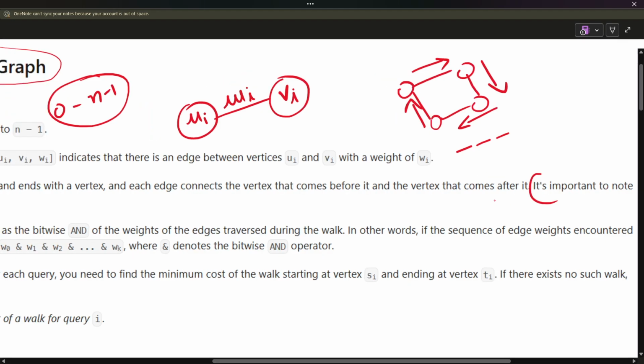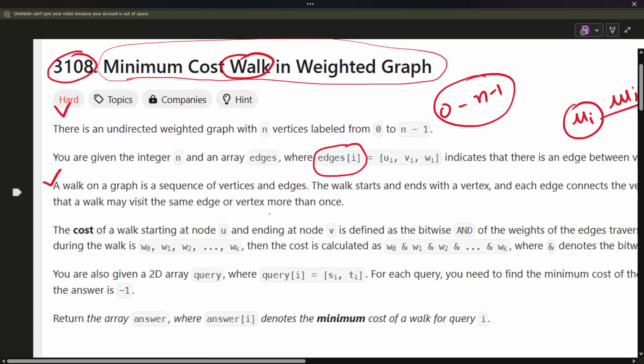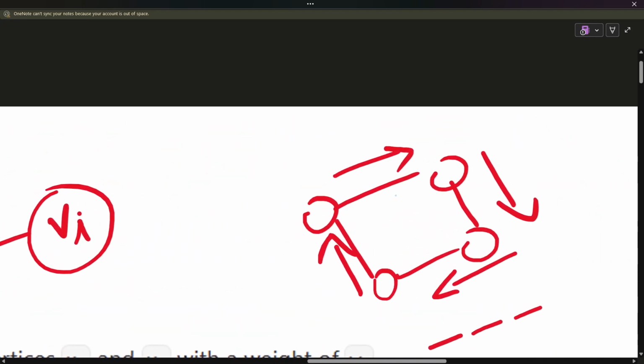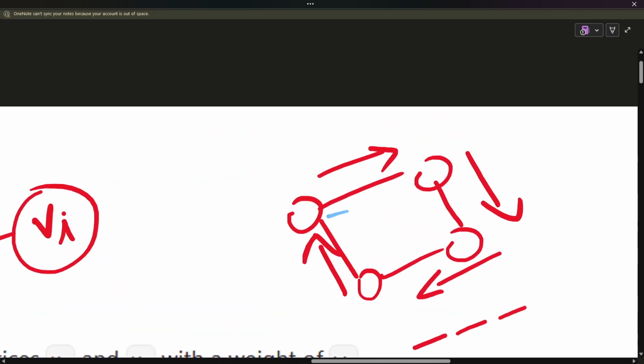It is important to note that a walk may visit the same edge or vertex more than once. This is an important point, because suppose this is a graph, we can go this way, again come this way and go this way, and we might go again this way, and suppose we come this way and come back this way.